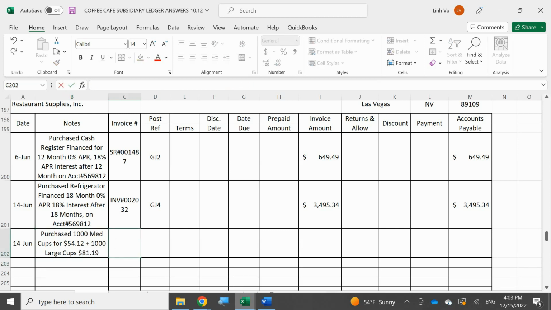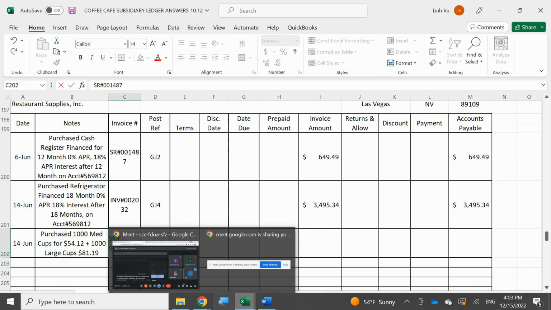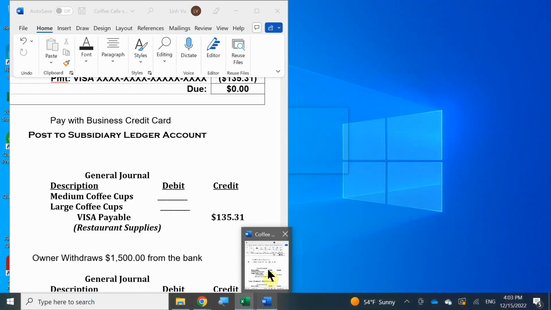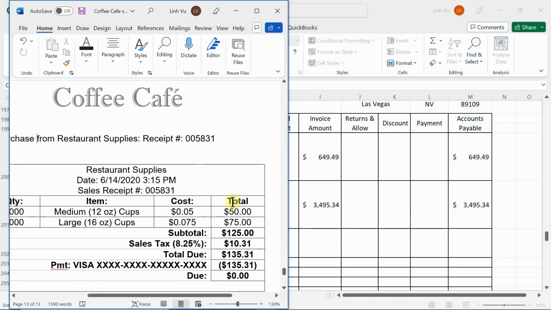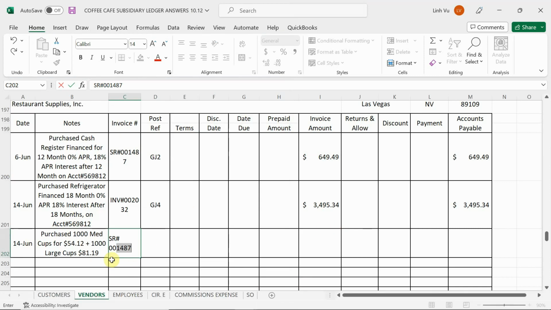And that's going to give you sales receipt number 005831. Okay. General Journal page 5 for the total of $135.31, which you used your Visa credit card to make a payment for.